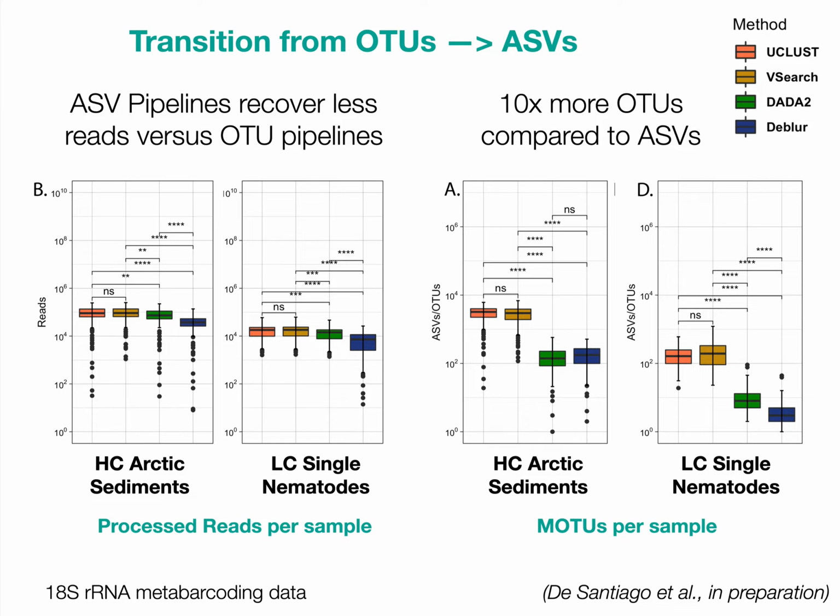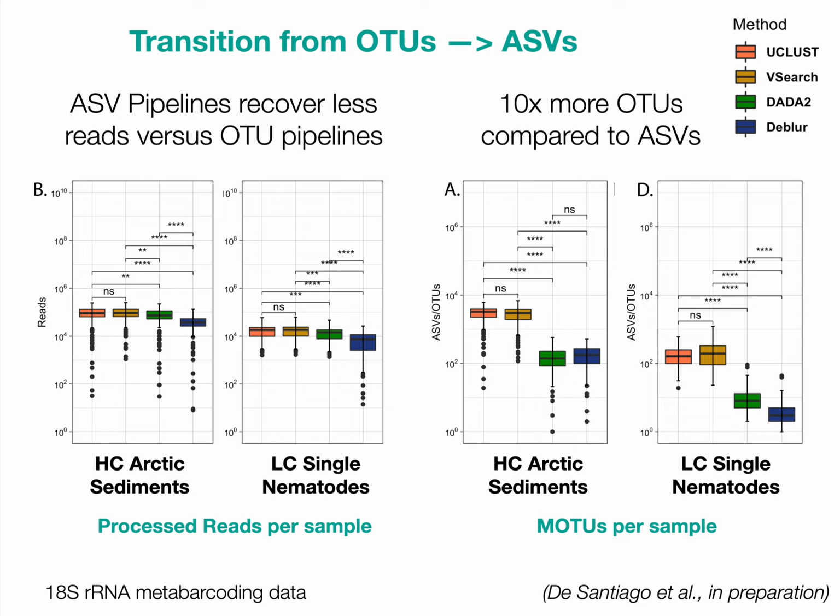We do have some slight differences you'll notice in DADA2 and deblur. So here's where complexity kind of starts to come in. For example, in the high complexity Arctic sediment data set, where we're doing community metabarcoding, you actually get more MOTUs per sample in deblur versus DADA2.